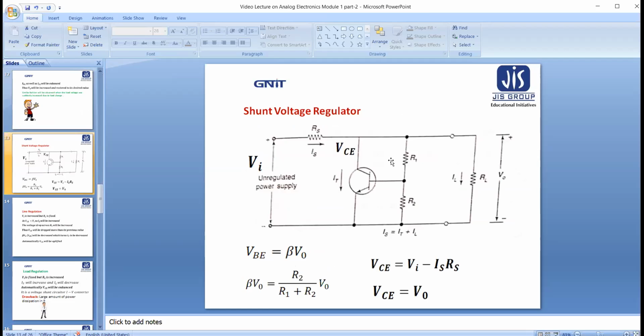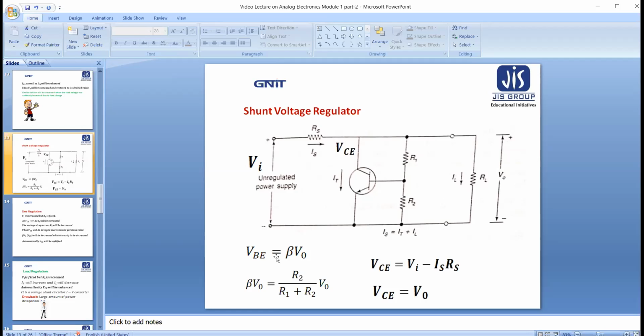Here we see that the active element, or the control element, is in parallel with the load resistance, and that means whatever the output voltage is will directly reflect on the base emitter voltage.